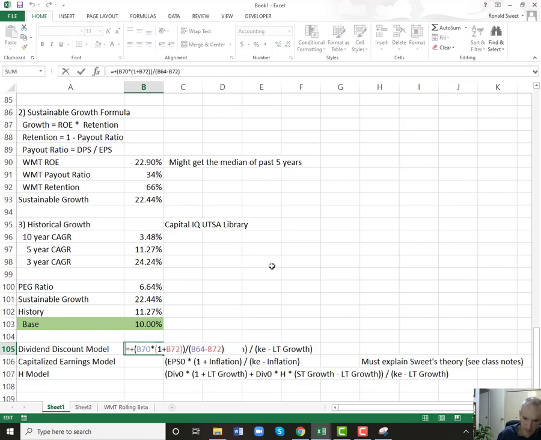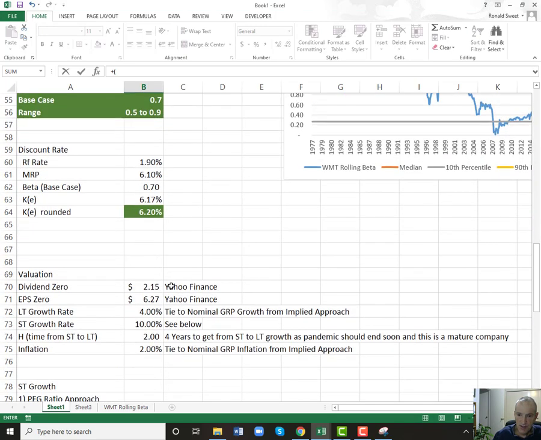I can now do that exact same model, but now with earnings. So I'll take earnings per share 0 times 1 plus my inflation rate divided by my KE minus my inflation rate.